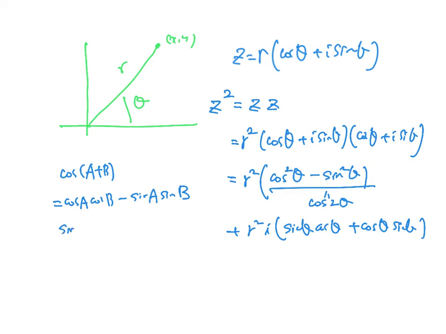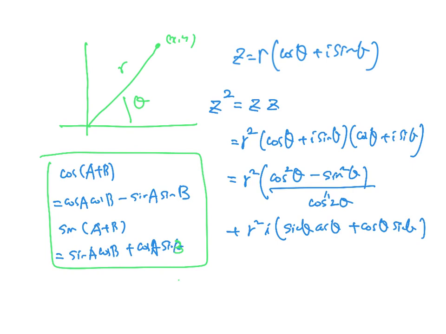Sine of A plus B is sine A cosine B plus cosine A sine B. So this is sine 2 theta. So the interesting thing is r squared, cosine 2 theta plus i sine 2 theta.